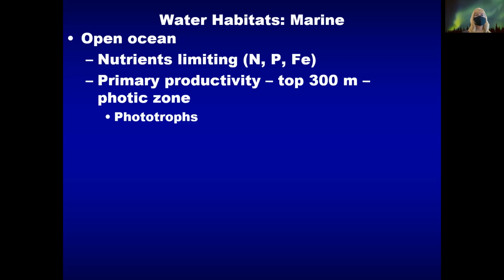And then as you get below that, sunlight doesn't penetrate down, and there's different qualities of light that will penetrate to different depths. So red light can penetrate deeper than some other qualities, for example.